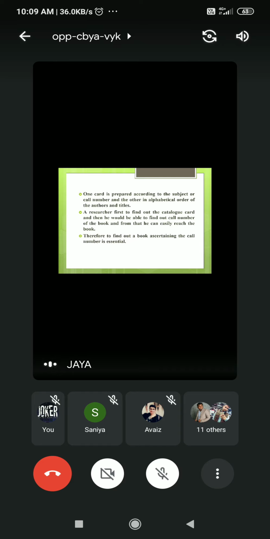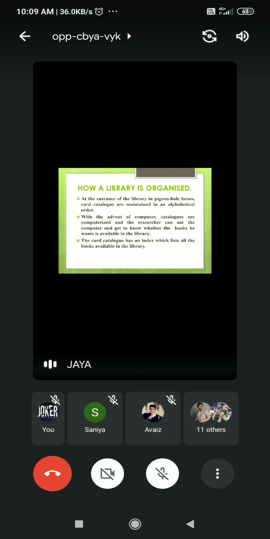Now I was telling you how a library is organized. At the entrance of the library, pigeonhole boxes with card catalogs are maintained in alphabetical order: A, B, C, D, E, F, like that.